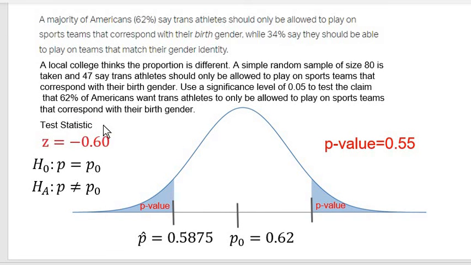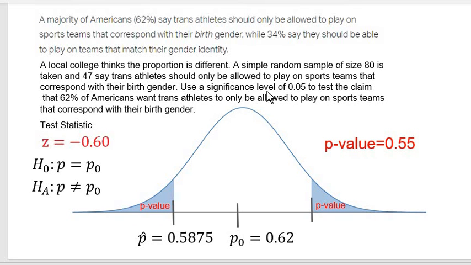All right, this next one was testing the claim that the proportion is different. And I got a z-score of -0.6 and a p-value of 0.55.